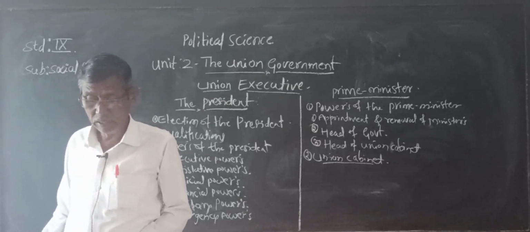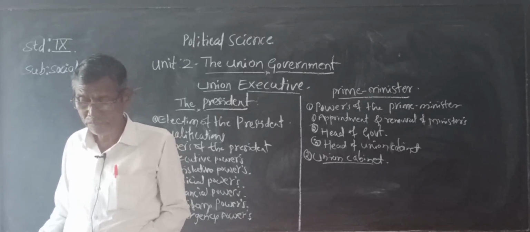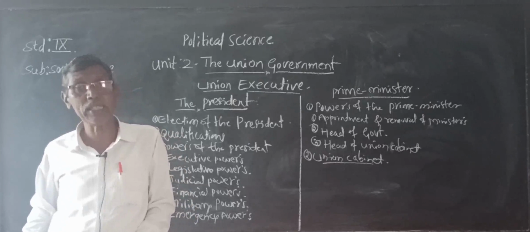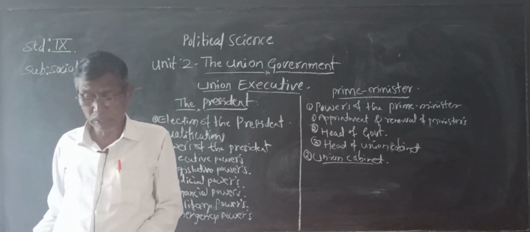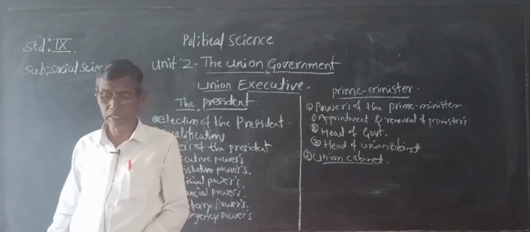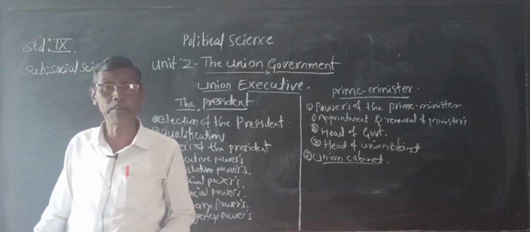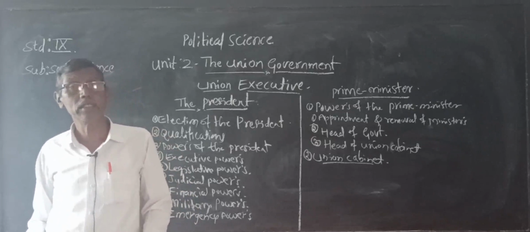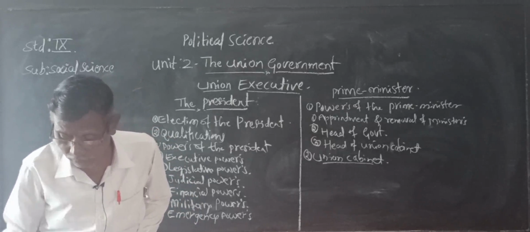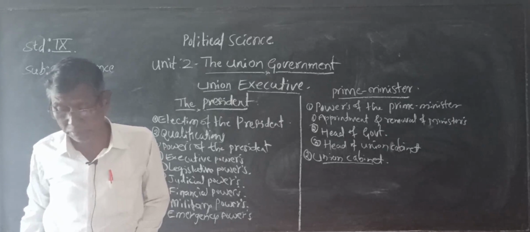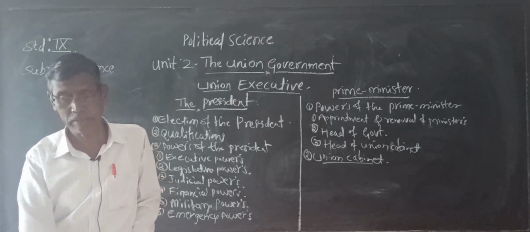The President also nominates 2 Anglo-Indians to the Lok Sabha and 12 members to the Rajya Sabha. All these legislative works he will do only on the recommendations of the Prime Minister and his Council of Ministers.